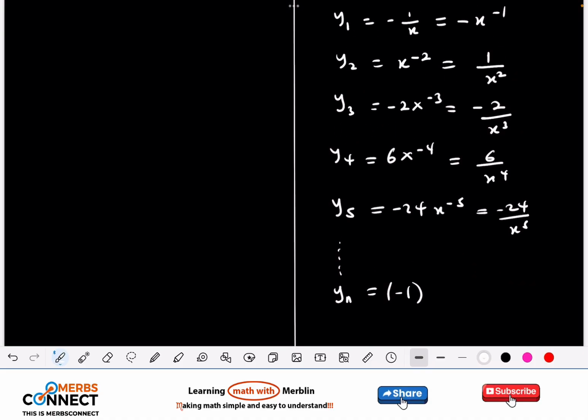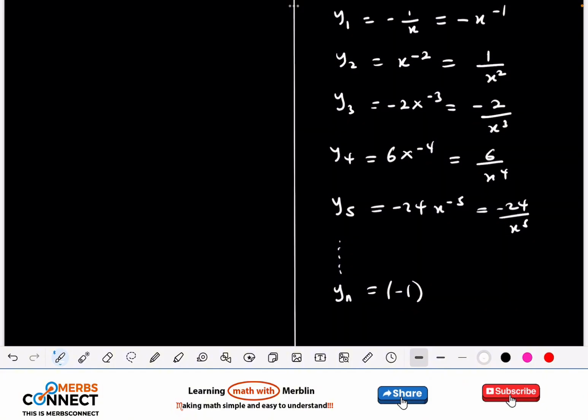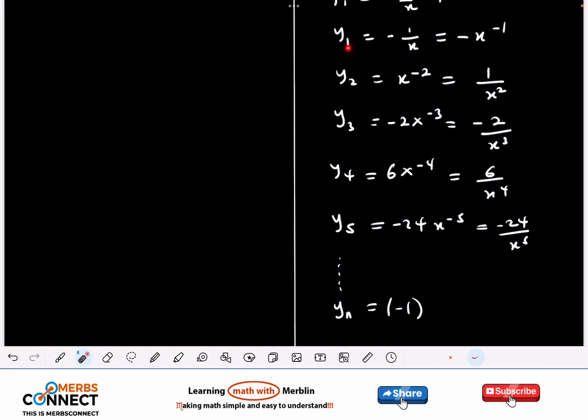But let's see how we can do it. Since I have minus 1 here, I need to check what is here. When it is 1, I have negative. When it is 2, I have positive. And you know that negative 1 to the power 2 will give us positive, right? Then negative 1 to the power 1 will give us negative. Negative 1 to the power 4 was also giving us positive.